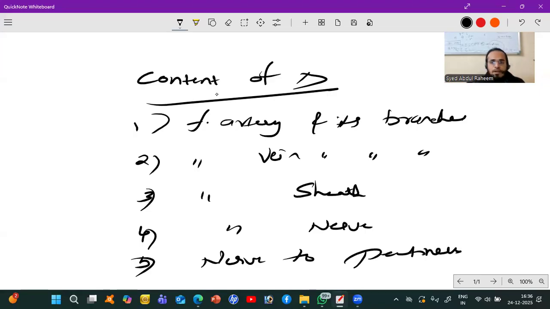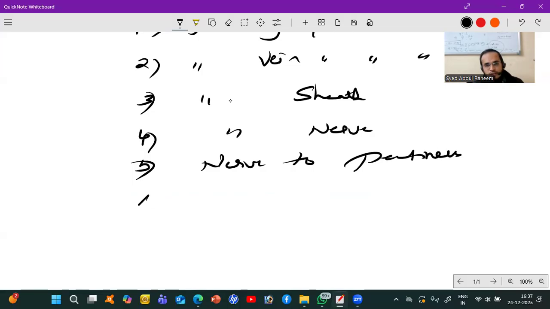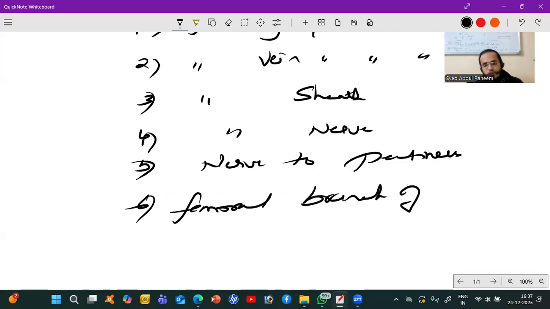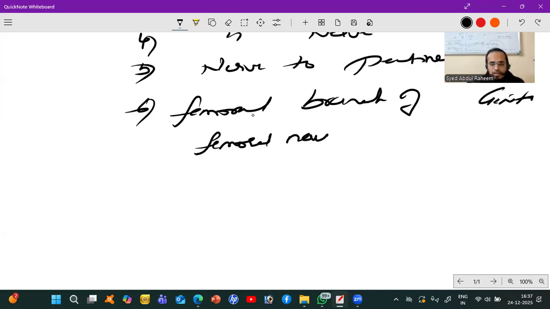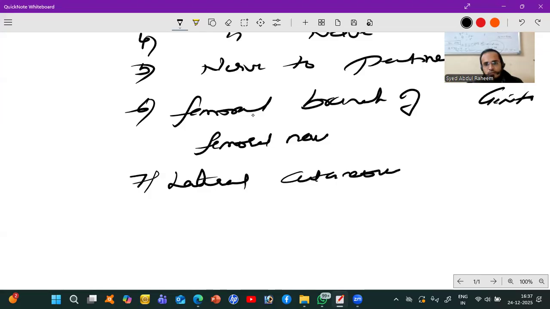Next is femoral branch of genitofemoral nerve. These are the contents which are crossing the triangle. As well as the lateral cutaneous nerve of thigh.